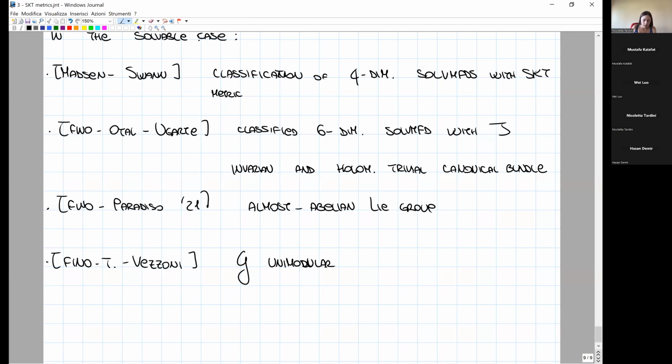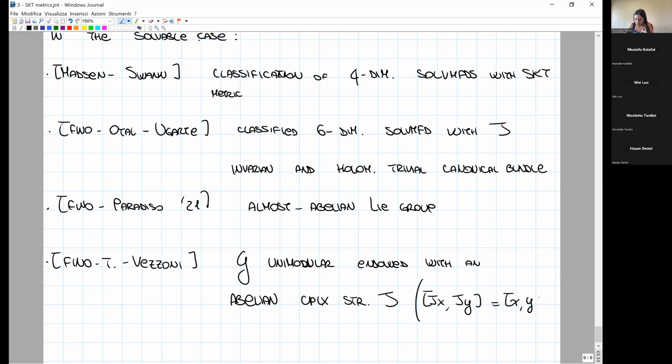Suppose G is endowed with an abelian complex structure J. What does it mean, abelian? It means that the Lie bracket is invariant by J. So the commutator of Jx and Jy is equal to the commutator of x and y, for any elements in the Lie algebra.